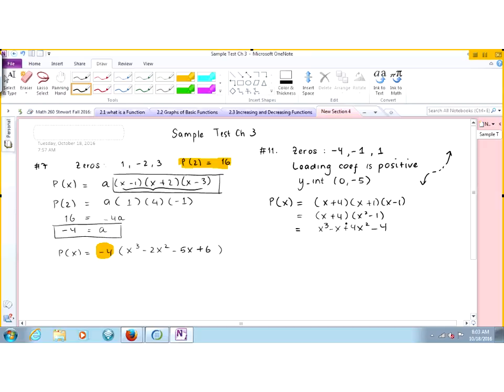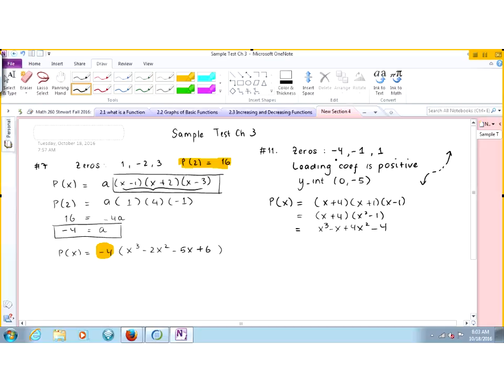Because your zeros are 4, 1, and negative 1. Yeah, there is no answer here. I think the graph wasn't done correctly, unless D is the closest one, yeah, but that's not the correct one. So this should be the correct answer.